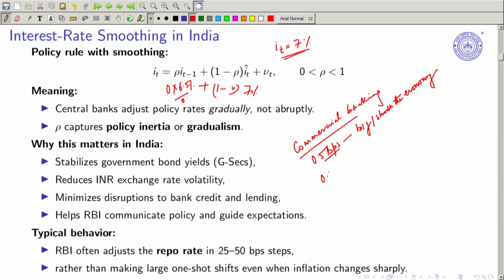But when we are seeing 0.1 basis point, then this will not deter the borrowers in the economy, right? So this is what we say.